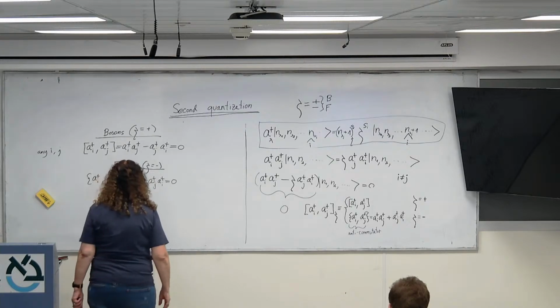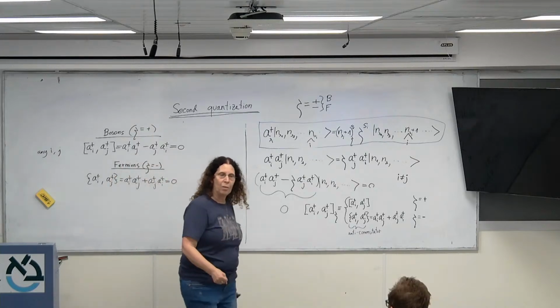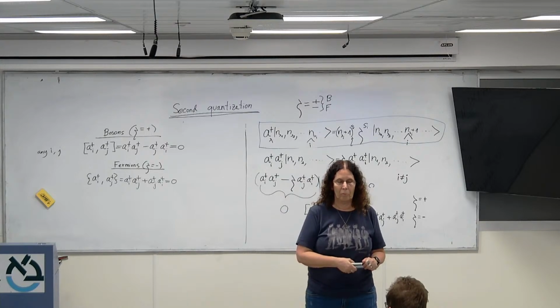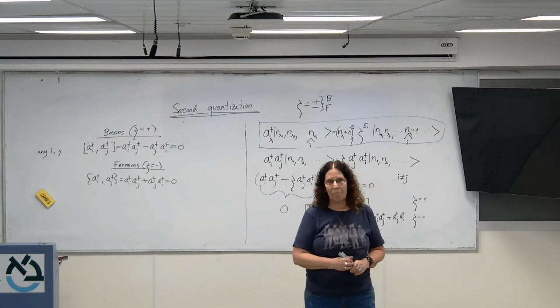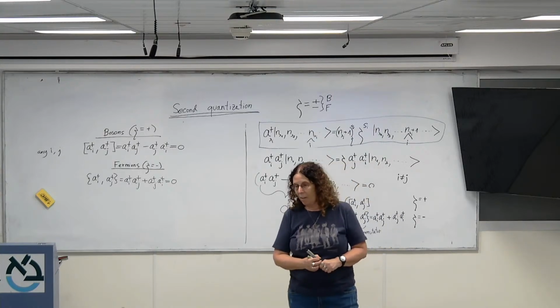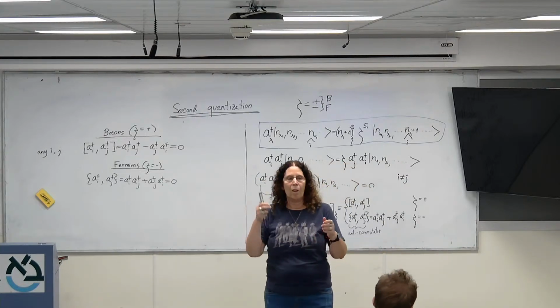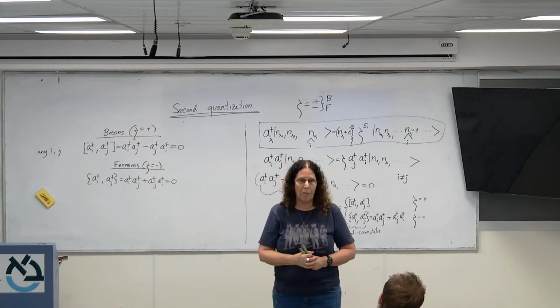So that's already a very nice start, but it's only for, yeah? I wanted to ask if you can explain a bit more why creating particles in a different order is exactly the same as switching particles, because I think it's not trivial. It's not trivial, I agree, but in practice, if you think of an example in real space of particles in different positions, you see that it's equivalent to exchange.